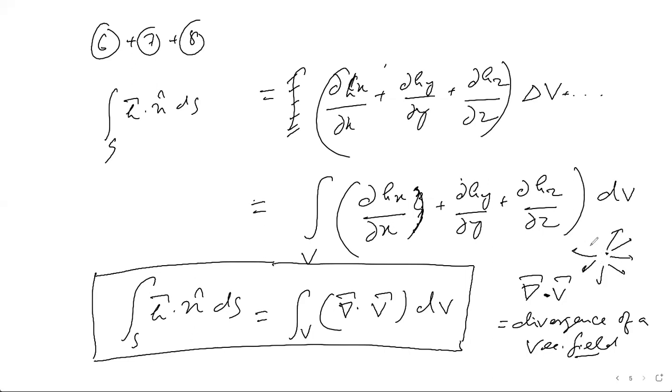So something flowing out or flowing in, something spreading, is what you can connect with the divergence. You see that divergence is connected with exactly the amount of flux passing through some surface, and the field is normal to the surface. That's the beauty.